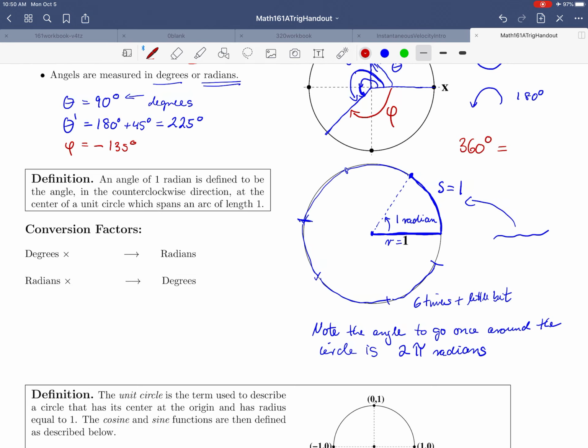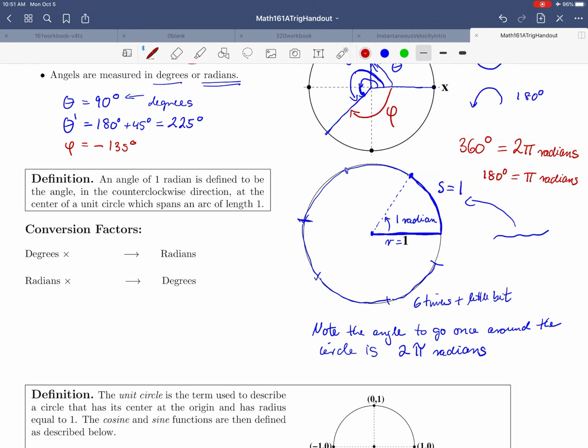And so 360 degrees is equal to 2 pi radians. The name radian has to do with the radius. It's defined by wrapping the radius around the outside of the circle. So 360 degrees corresponds to 2 pi radians, so 180 degrees corresponds to pi radians.